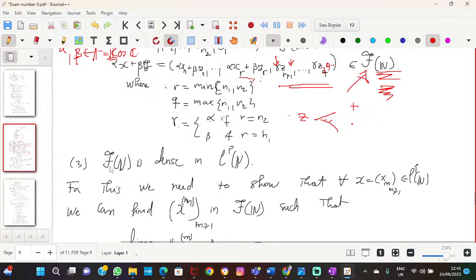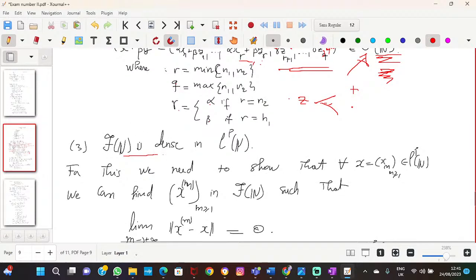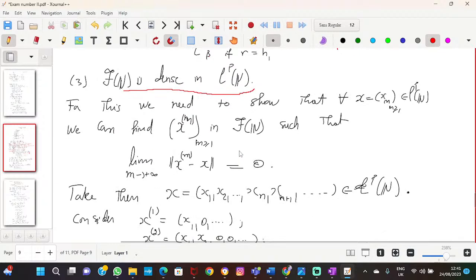Now the difficult part was to prove that this is actually dense in LP. To do this, you need to prove that for every sequence x in LP, whose components are x1, x2, x3, x4 up to x infinity that we're not going to reach, we can always find a sequence.